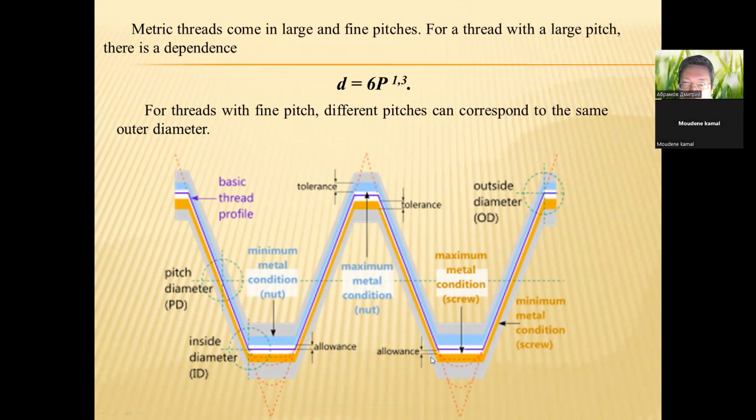For a thread with a large pitch, there is a dependence: D is equal to 6P powered to 1.3. For threads with fine pitch, different pitches can correspond to the same outer diameter.